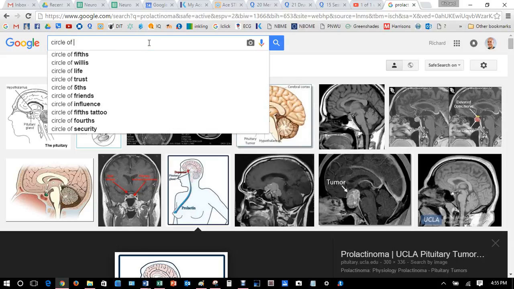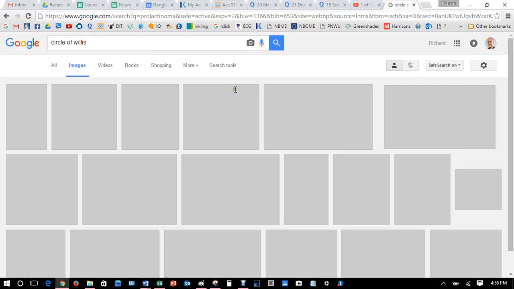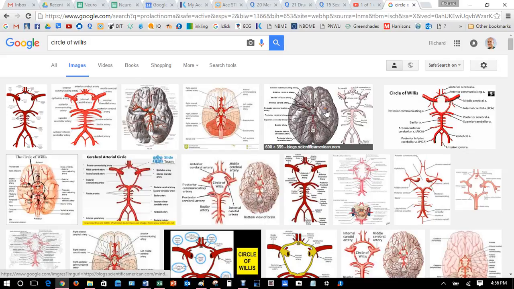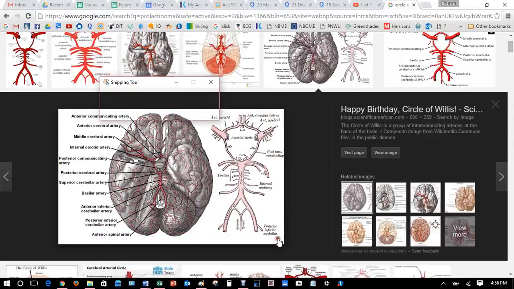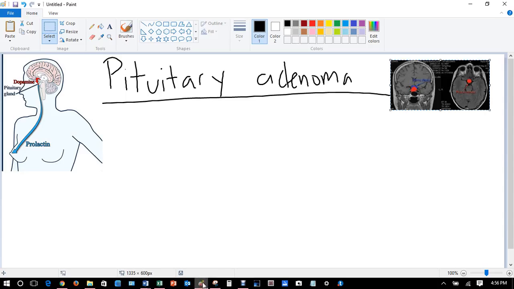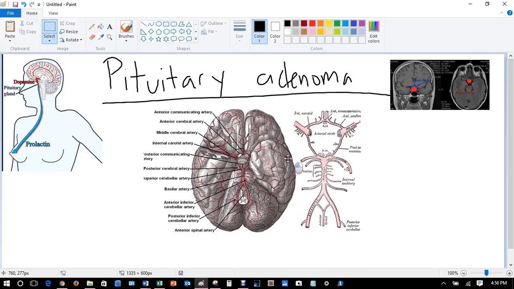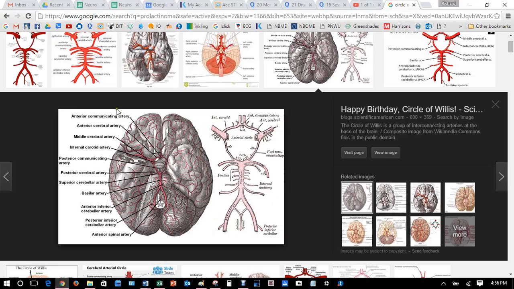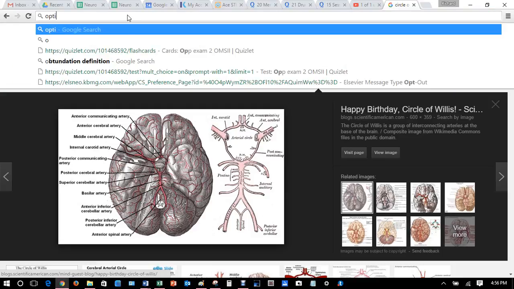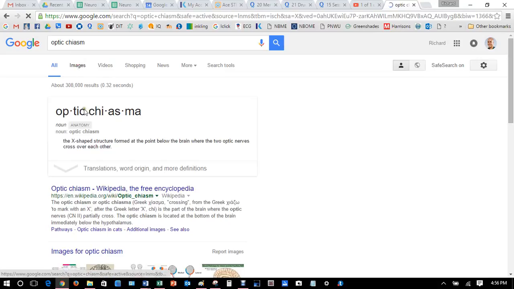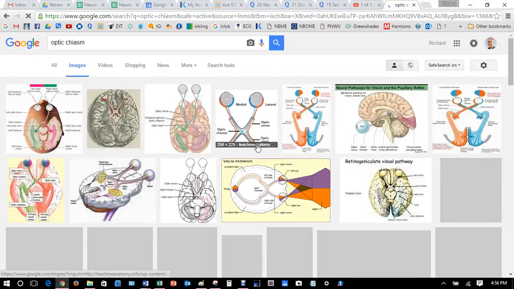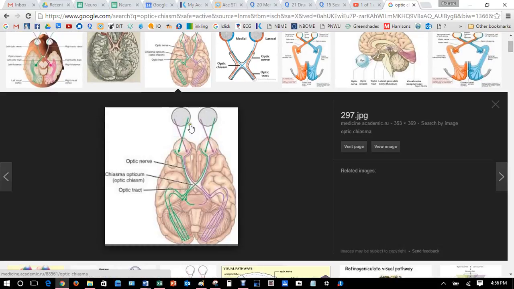Here we go, this is a great picture. You can see the circle of Willis, where it's located. It surrounds this. I'm going to use that one, but I'm also going to use another one. Oh yeah, this is a wonderful picture.